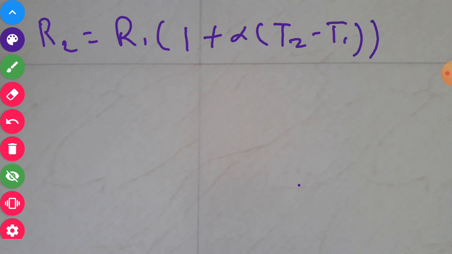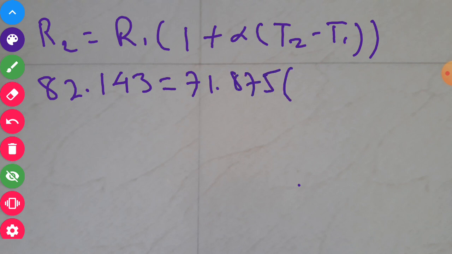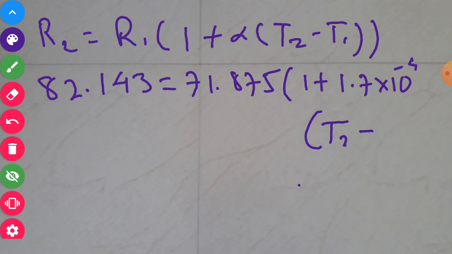R2 we have found is 82.143, is equal to R1, we got 71.875, into 1 plus alpha, which is given to us as 1.7 into 10 raised to minus 4, into bracket T2, which we want to calculate, minus T1, which is given, the reference temperature, 27 degree Celsius.